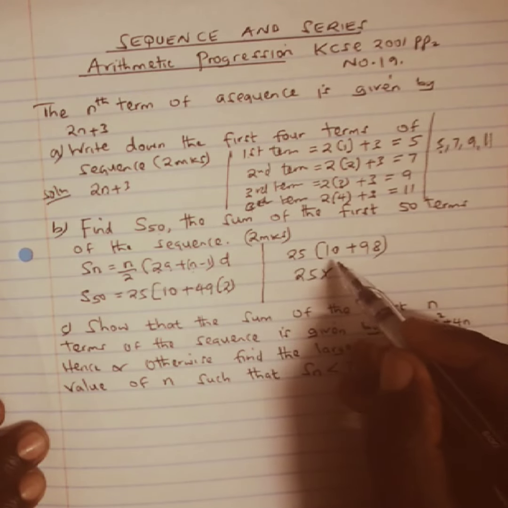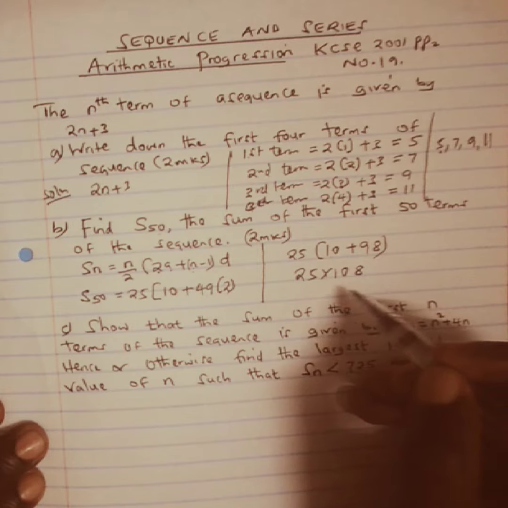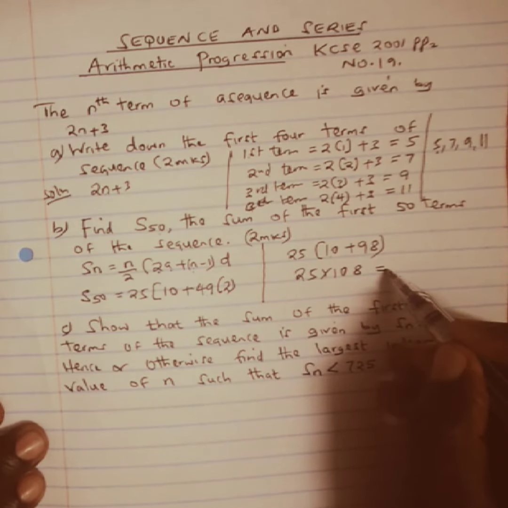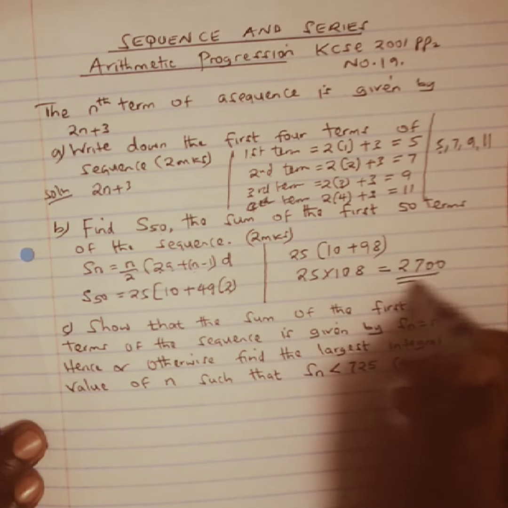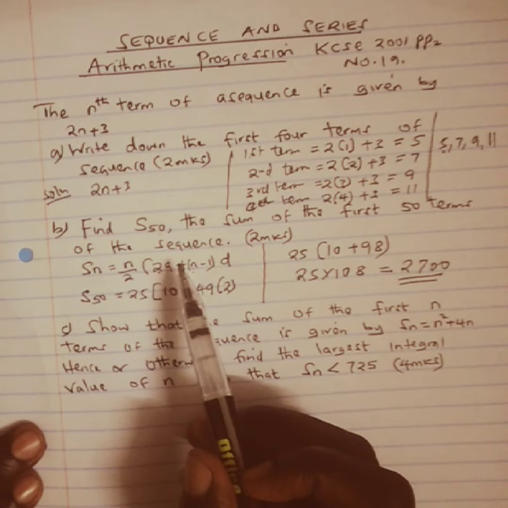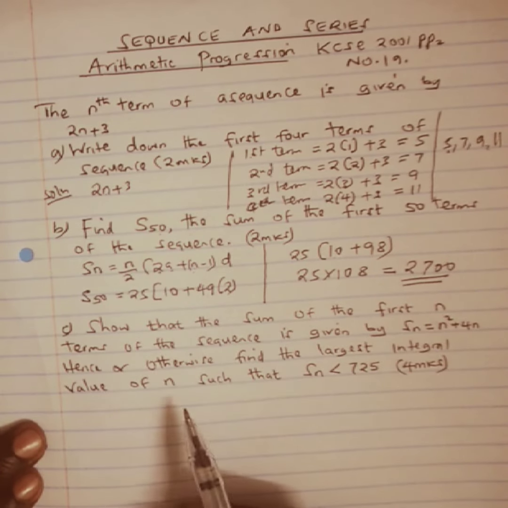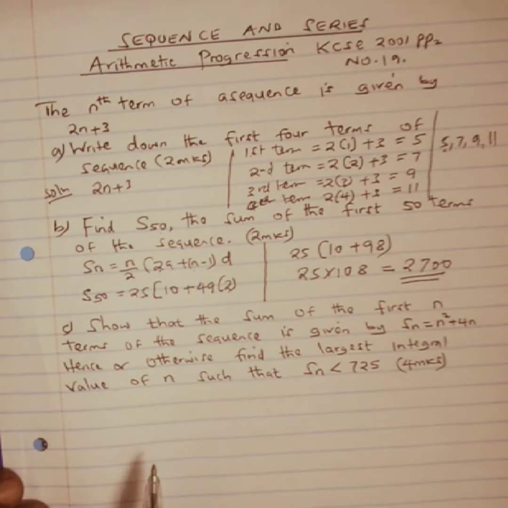We multiply by the sum of the bracket, which is 10 plus 98, giving us 108. And if you take 25 times 108, this one is going to be equal to 2,700 as the sum of the first 50 terms of this particular sequence.